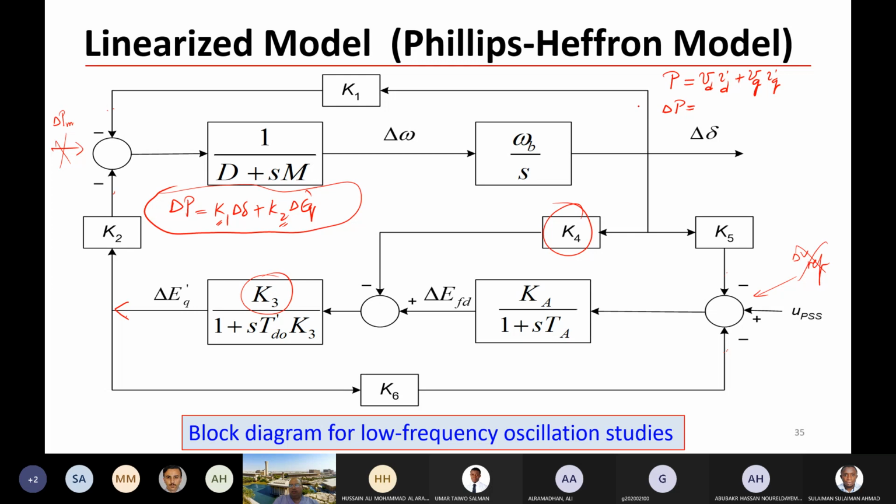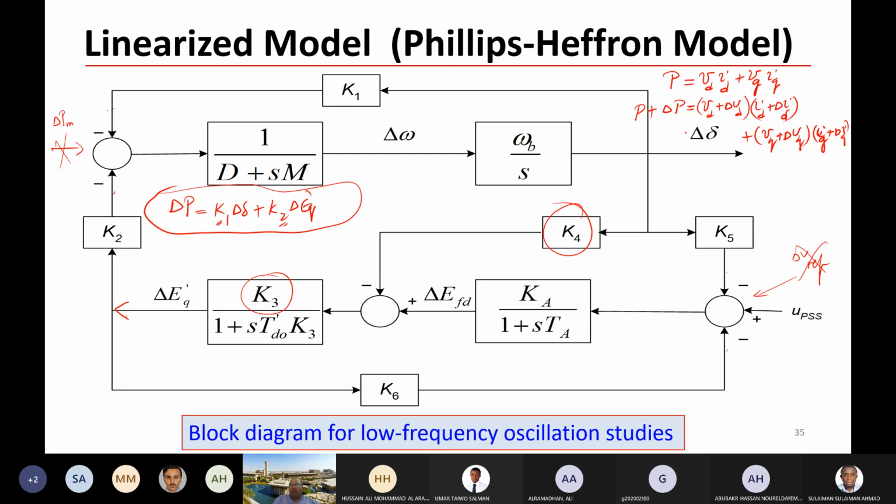So you can write here B plus delta B equals Vd plus delta Vd times Id plus delta Id plus Vq plus delta Vq times Iq plus delta Iq, assuming we have some perturbation around the initial condition.